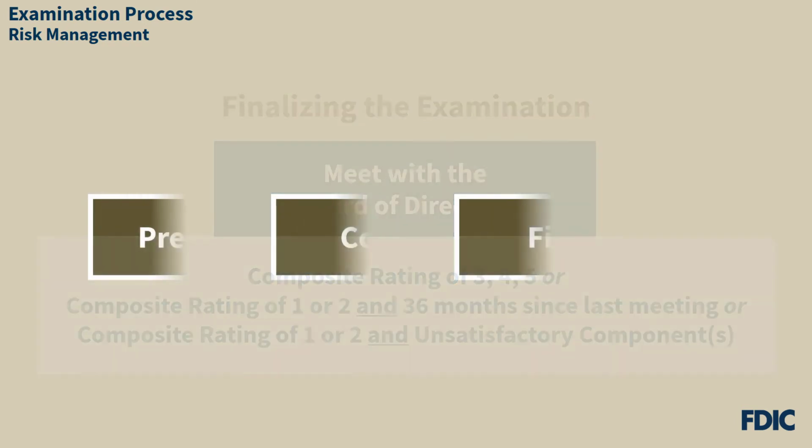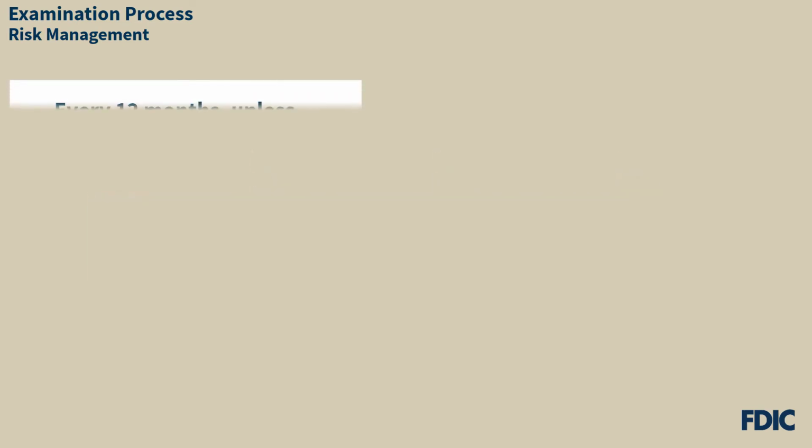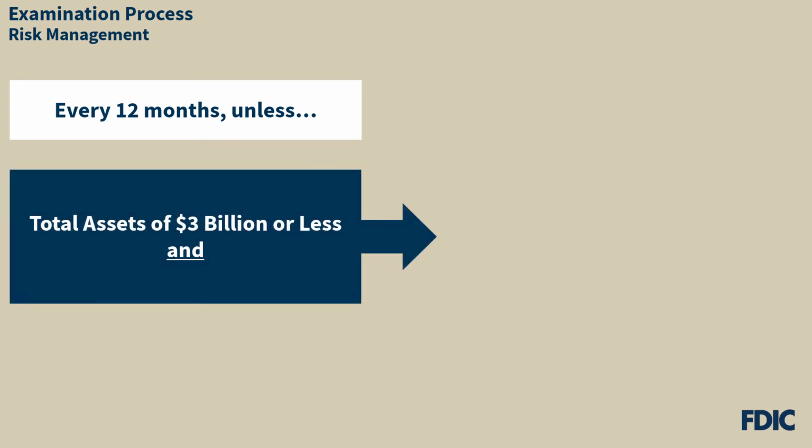So now that we've talked about the risk management examination process, let's talk about how often we conduct these examinations. We conduct exams every 12 months, with some exceptions. If your bank has total assets of $3 billion or less and meets other criteria, then a longer examination cycle may apply.